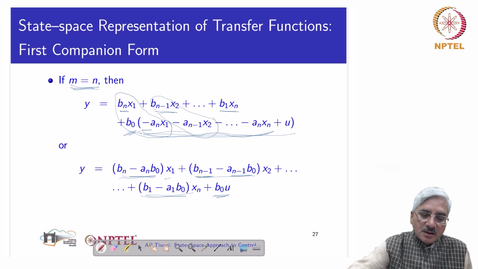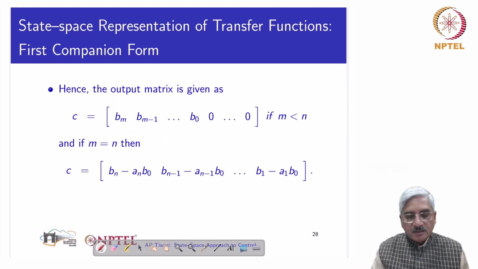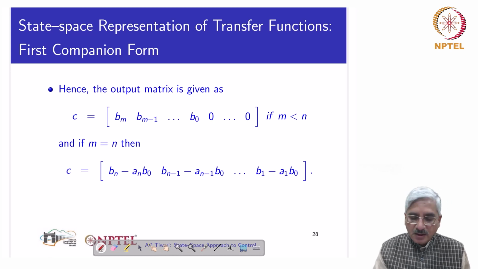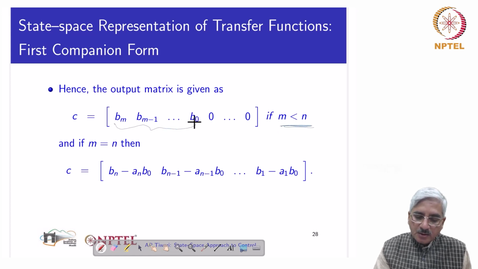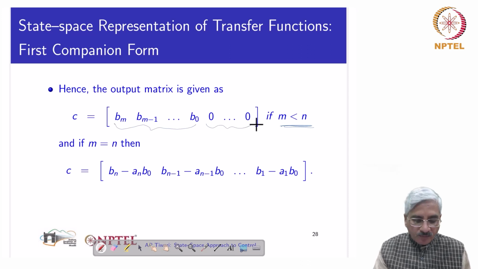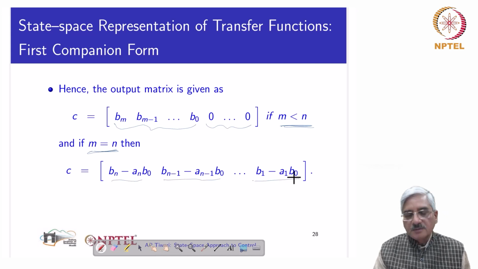So this is the general case of that companion form, the first companion form representation, and we see that if m is less than n, then the C matrix contains some non-zero terms and the remaining terms are 0, and in case m is n, then C has all the terms non-zero like this.